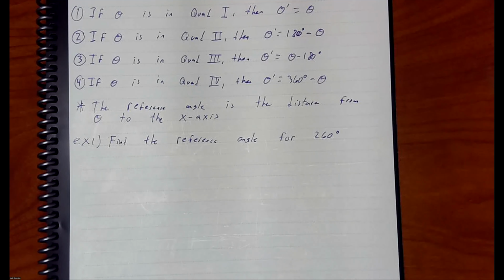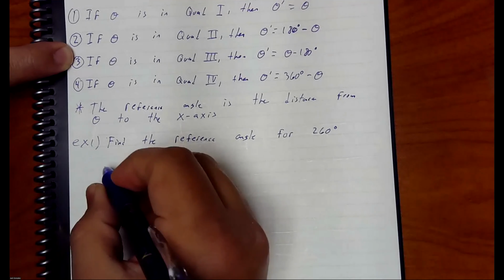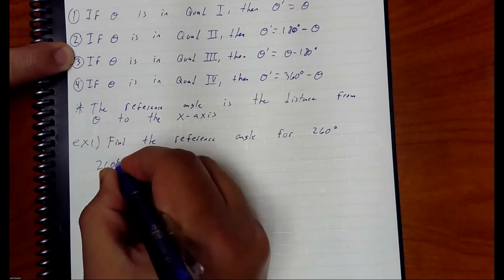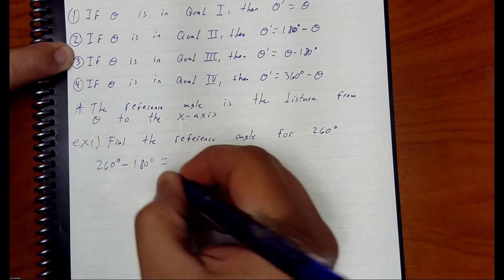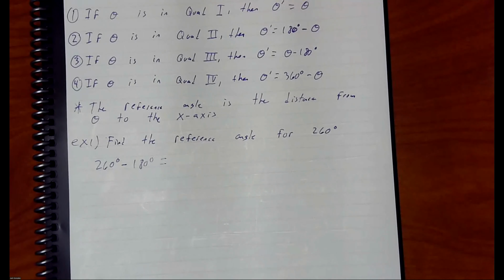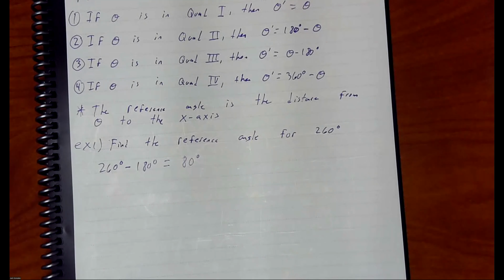We're in quadrant 3. So the rule says take the angle and subtract 180 degrees. Straightforward, right? So the question they're really asking: if 260 is here, that's your angle being formed.